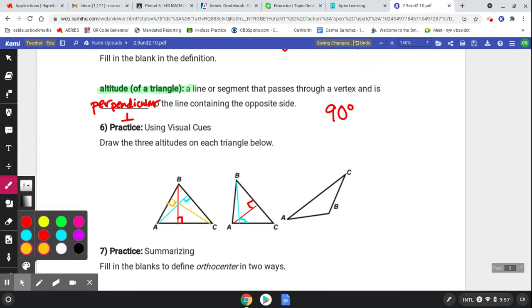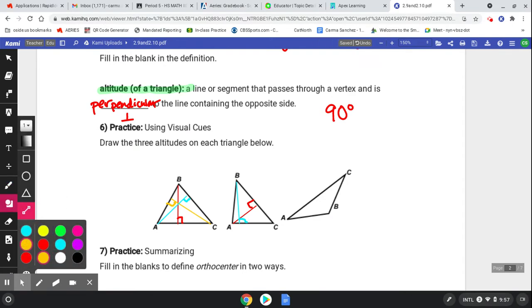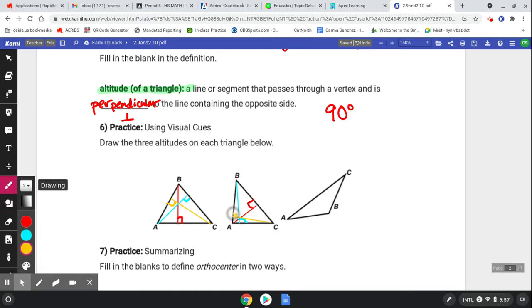And then finally C, drawing C straight down and forming that 90. Notice how off-center that is.